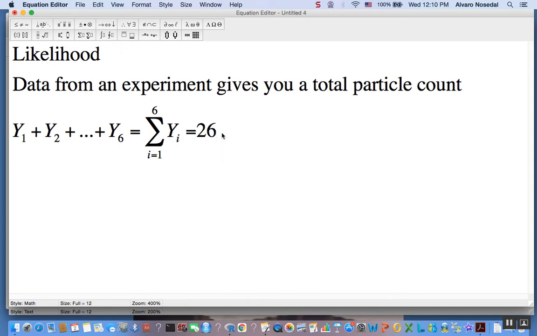Because we don't have the individual observations, let me remind you that we talked about the MGF, the moment generating function for a Poisson, and also the moment generating function for a sum of Poisson random variables. So that result will be useful here.